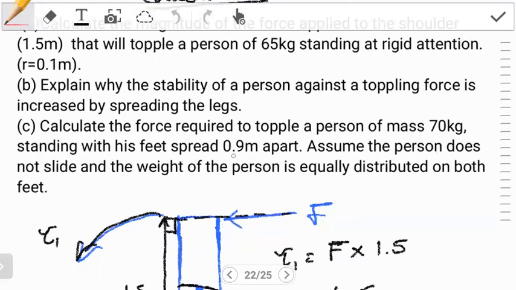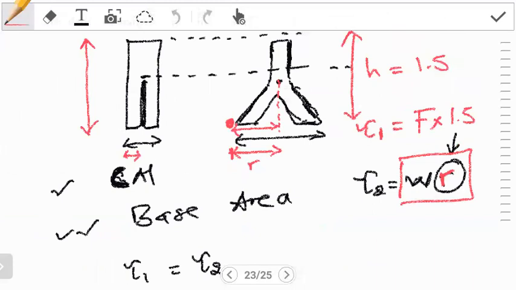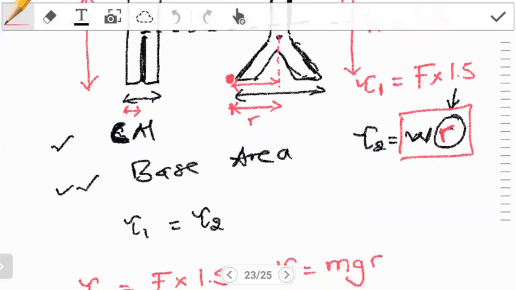What this means is the diameter from the edge to the far edge is 0.9, implying that the radius is half of 0.9, which is 0.45 meters. So see that the radius has increased. Initially we had 0.1, and now we have 0.45.